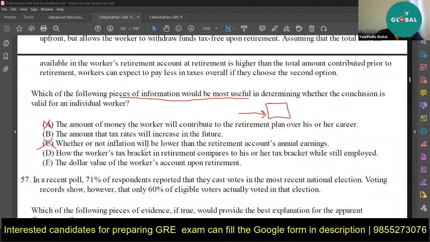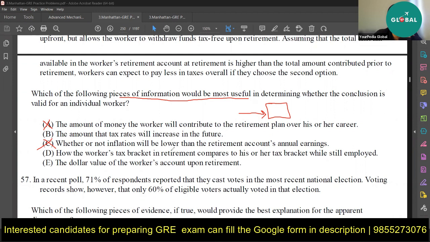How the worker's tax bracket in retirement compares to his or her tax bracket while still employed. Hmm, this is what I was talking about. Tax bracket means the amount of tax he's going to pay.